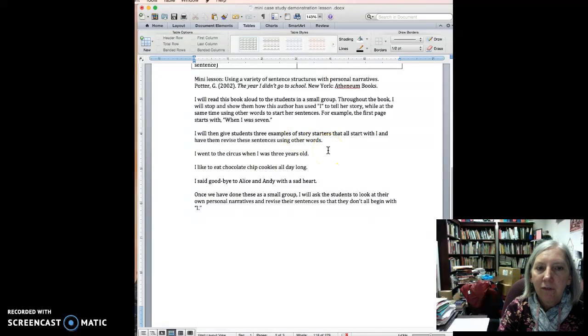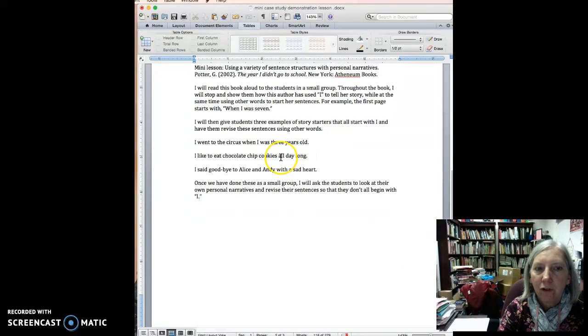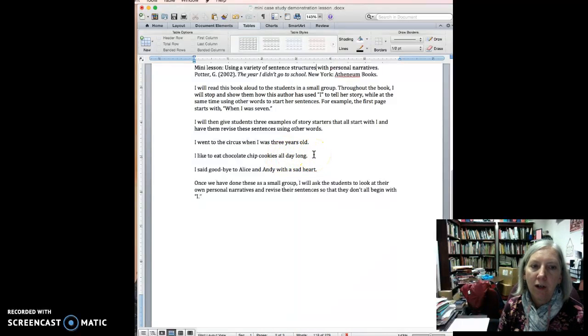I will then give students 3 examples of story starters that all start with I and have them revise these sentences using other words. So working with the students, we'll talk about, I went to the circus when I was 3 years old. And this one directly relates to the sentence up above, when I was 7, so that the students could look at that and say, when I was 3 years old, I went to the circus.